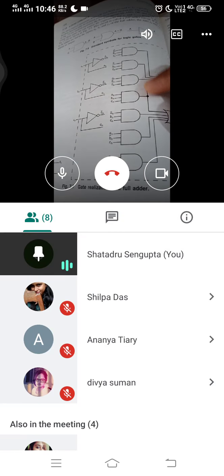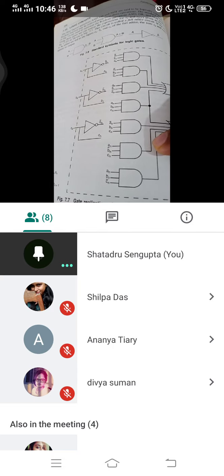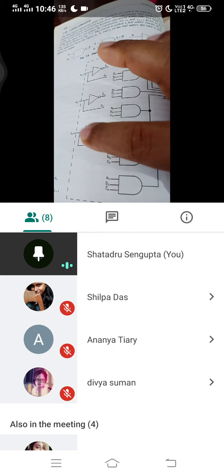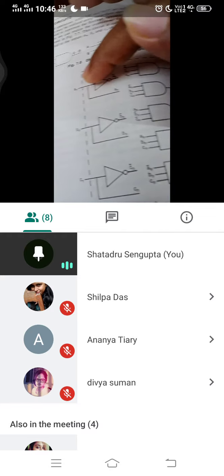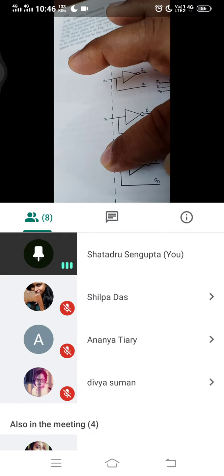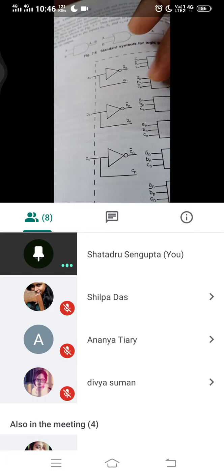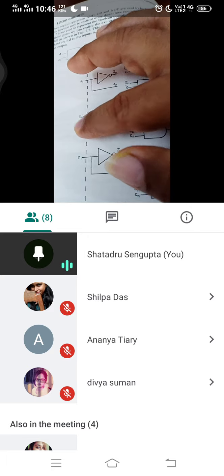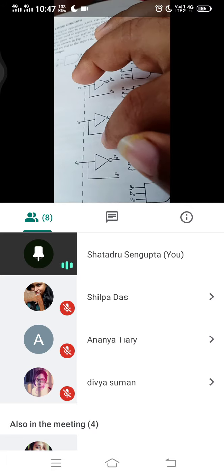So this is your adder. These are the signals, inputs A, B, C, and the carry. The carry is given as 0 at first. Because as you know, say if you have 2 plus 2, that is 0 plus 2 plus 2.